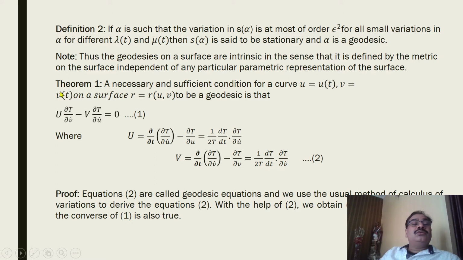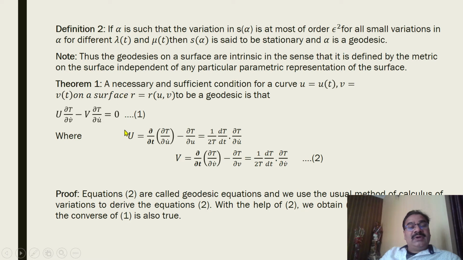It is also important that the geodesics on a surface are intrinsic, in the sense that they are defined by the metric on the surface, independent of any particular parametric representation of the surface. So we have to remember that geodesics on a surface are intrinsic.